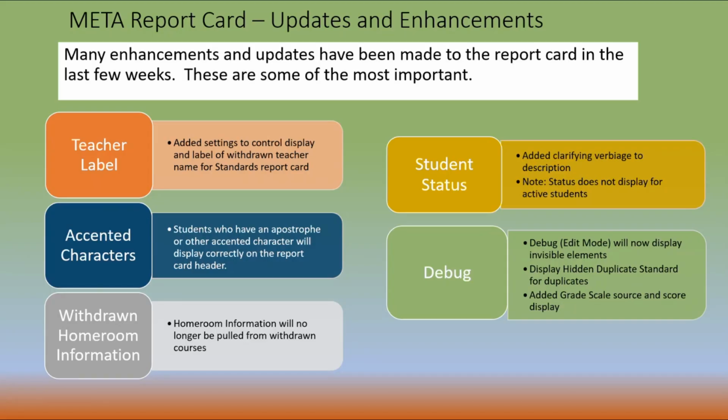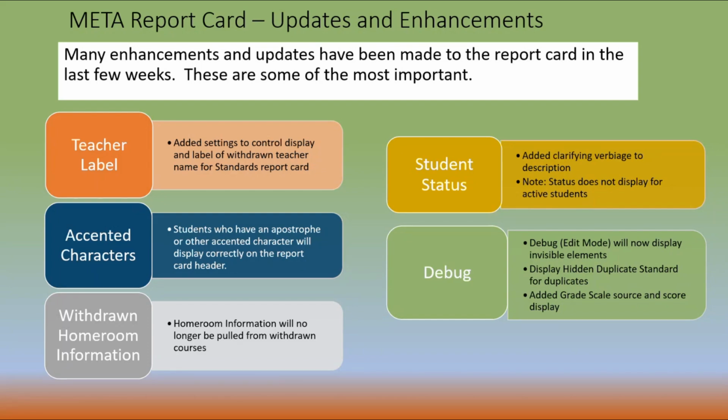So he's adjusted the wording. So this is much clearer for people like me who don't read. So student status only shows up for kids who are not active. You're transferred out, you're withdrawn, whatever. If they are an active kid, nothing shows for student status.